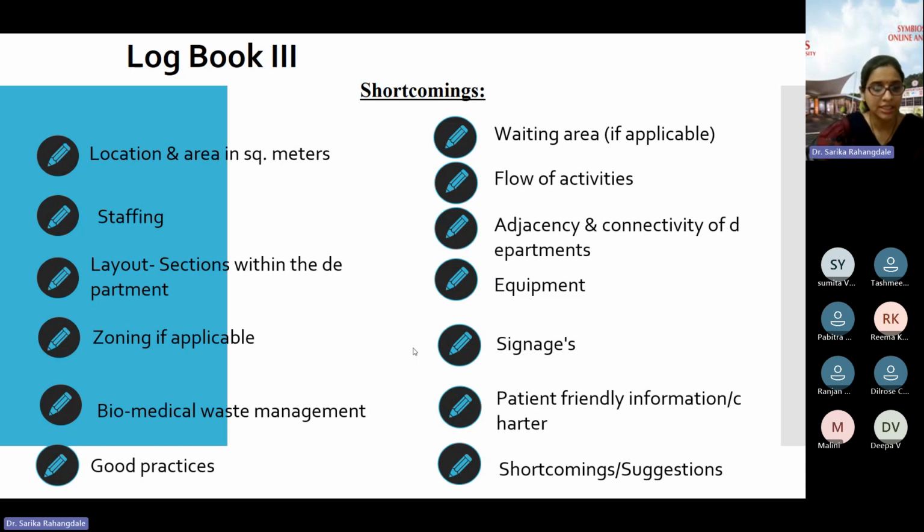Yes, and biomedical waste management. As you are aware, while treating patients, biomedical waste is generated. So are the color codes being practiced in OPD, IPD, and the other departments or not? Whether the color bins are available or not, whether they are properly labeled, whether the hazardous sign is there or not.